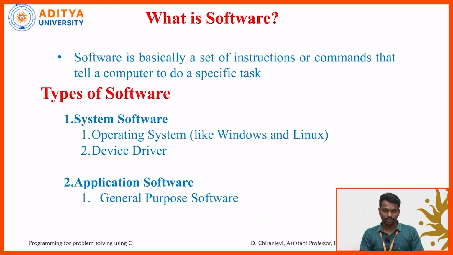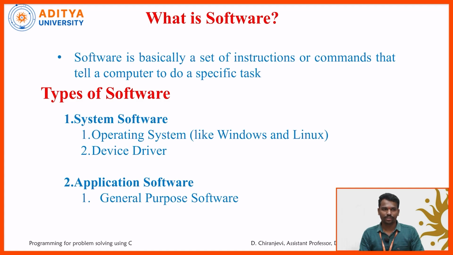Now what is software? As I said, a computer consists of hardware and software. Software is a program which consists of a set of various instructions. Software is categorized into two types: system software and application software. What is system software?